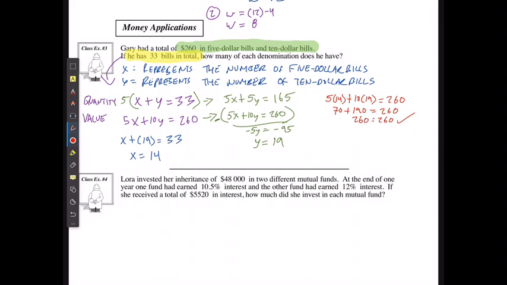And I'm going to say that Gary has 14 $5 bills and 19 $10 bills.